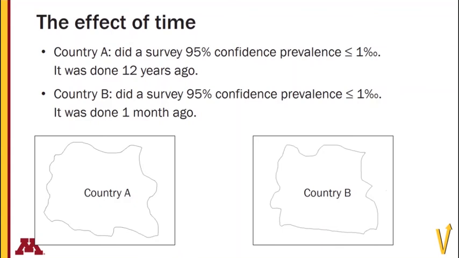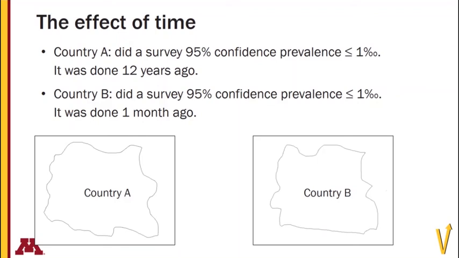The conclusion is that at 95% confidence the prevalence is lower than 1 per 1,000 animals. Country A did the survey 12 years ago, and country B did the survey last month. So which country do you think has the lower probability of freedom from disease? The obvious response will be country A.